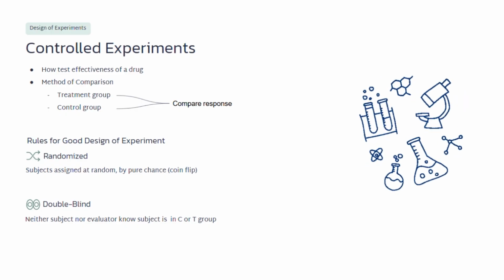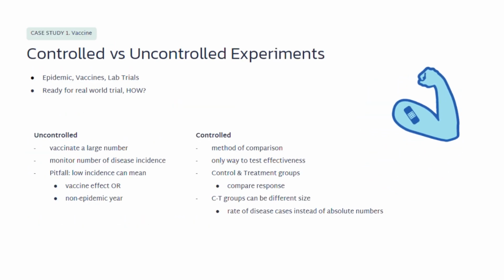So let's start with a case study. It's a story of a real-world vaccine. We talk about the case of the polio epidemic in the United States. The first epidemic hit in 1916 and claimed hundreds of thousands of victims in the next 40 years. In response to that, several vaccines were developed by 1950.